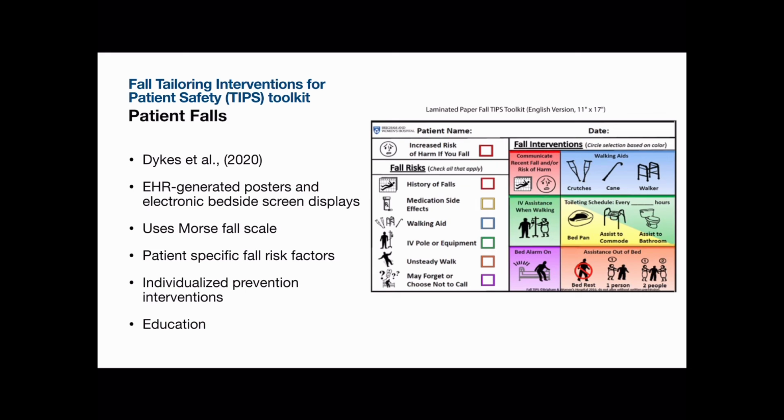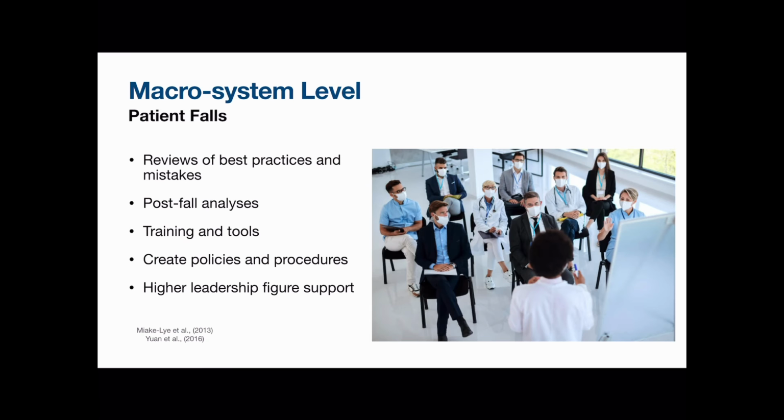And in this non-randomized controlled trial testing of this toolkit, there was a statistically significant 15% decrease in total inpatient falls and a 34% decrease in falls that caused injury. At the macro system level, reviews of best practices and mistakes should be determined and evaluated by the hospital system at regular intervals in order to identify and assess the risk of certain events that can trigger falls, and also analyze the actions that are being taken to lessen this risk.